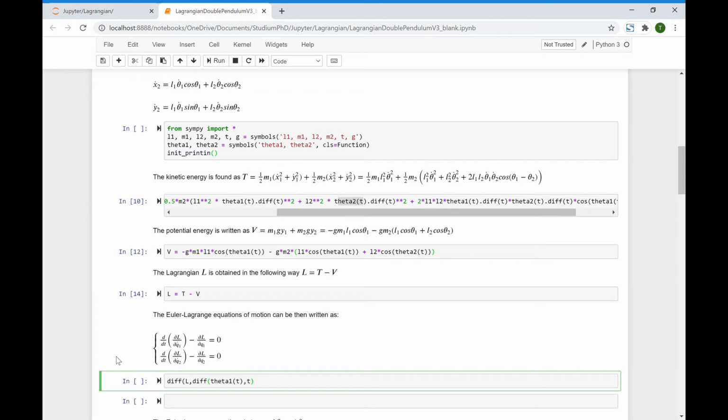With respect to this guy, and then we have to take the time derivative of this guy with respect to time. So write d/dt, and minus the derivative of L with respect to θ1.